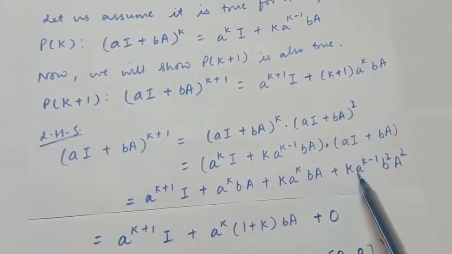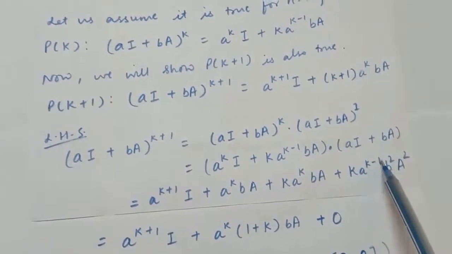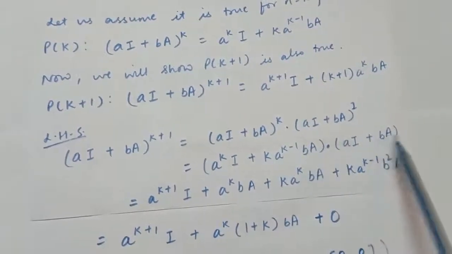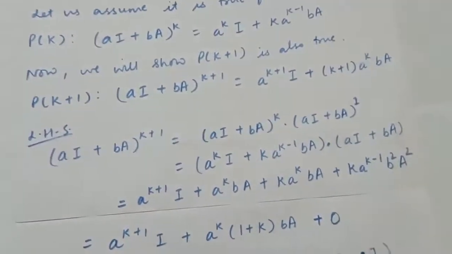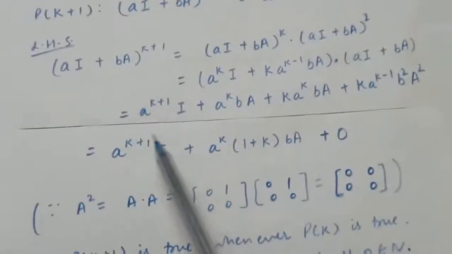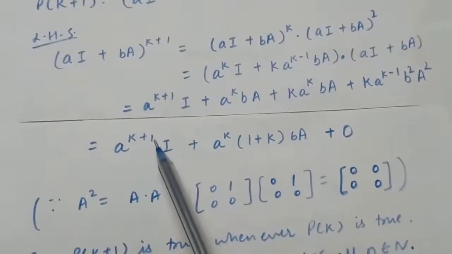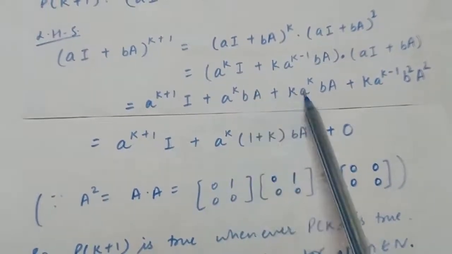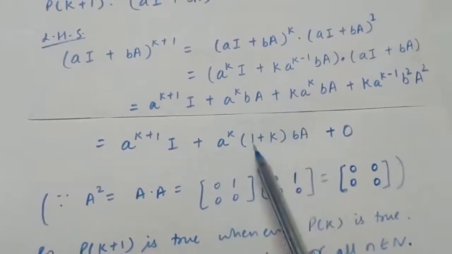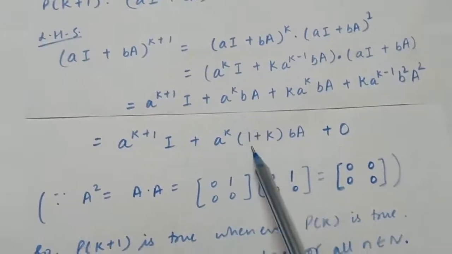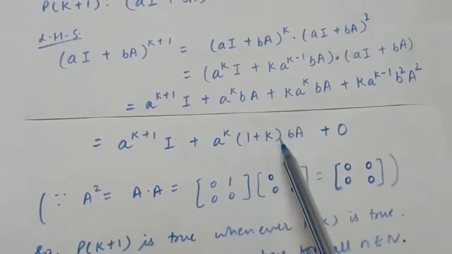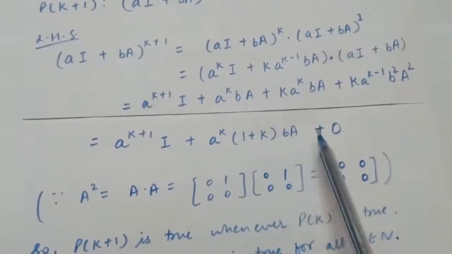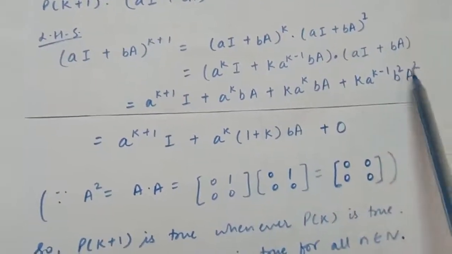So k into a raised to the power k minus 1, b square into A is A square. Clear? Now this will be a raised to the power k plus 1 into I plus a raised to the power k, taking common from these terms.